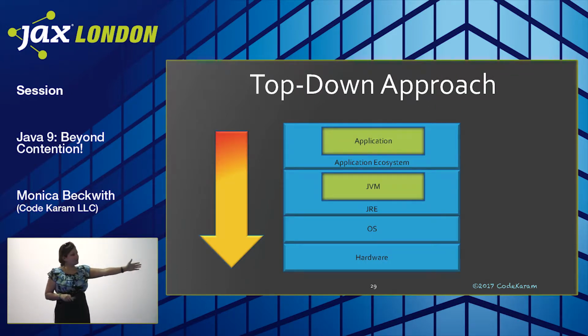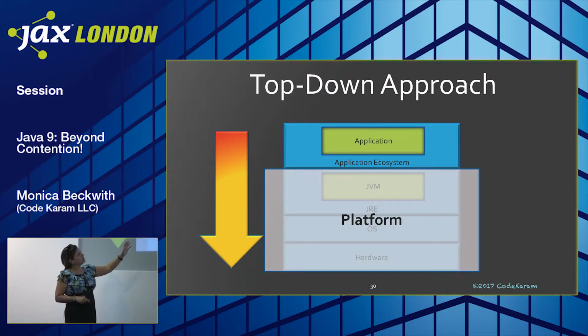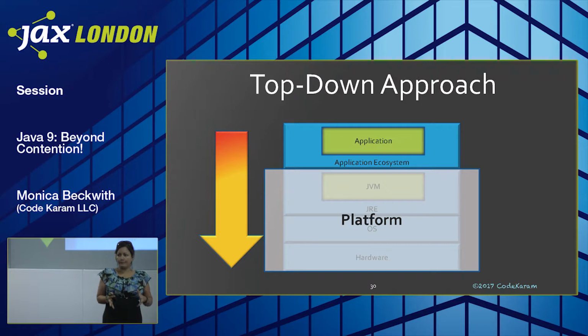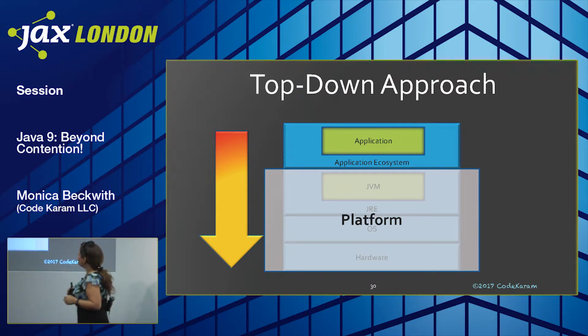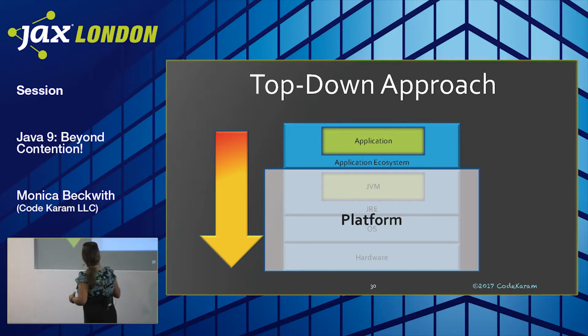So with an application stack, when we're doing the top-down approach, this entire thing below the application and application ecosystem layer constitutes the platform. For me as an application performance engineer, all I care about is my application, and everything else is what I'm supporting. What is my application supporting? Different OSs, cloud infrastructure, different Java virtual machines, and all those things.